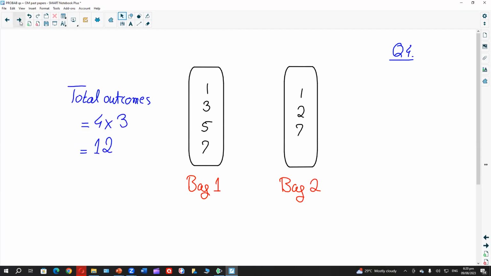First express the data of the question in this form. Sir, I copied.